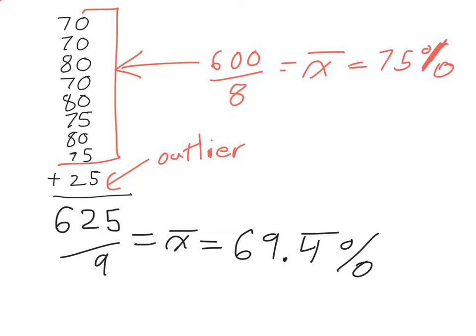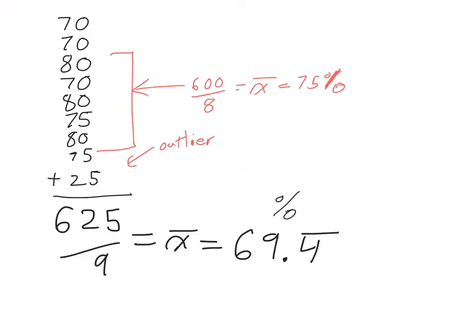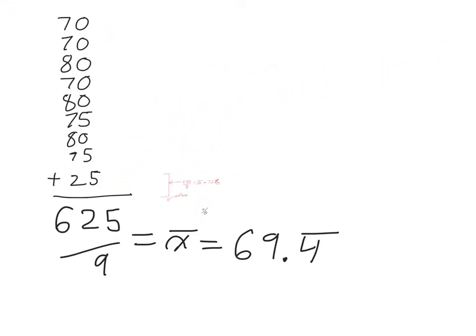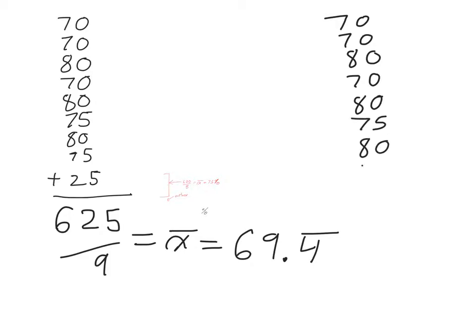So we have two sets of data here. We've got group A where we've got those test scores, where their average is 75, and the average of the other group is 69.4.